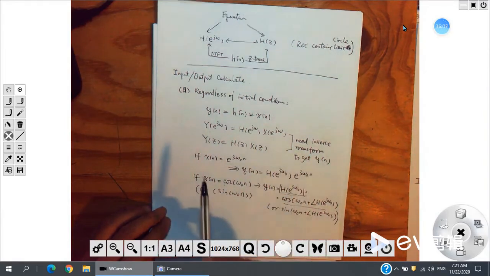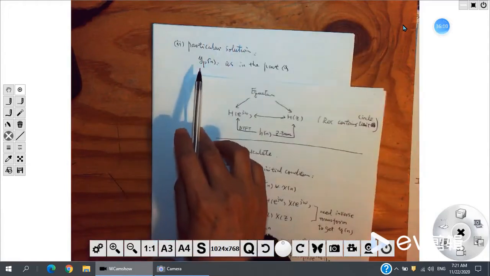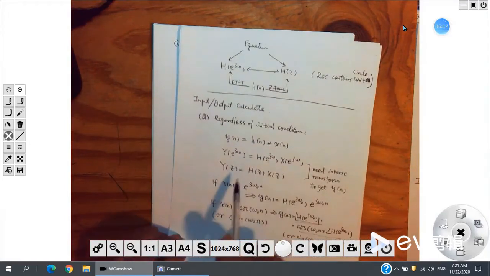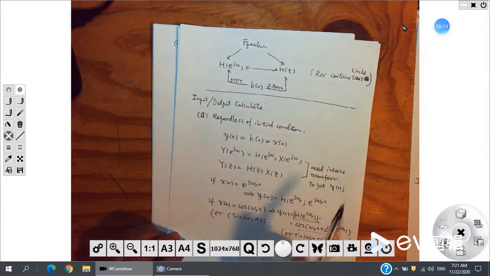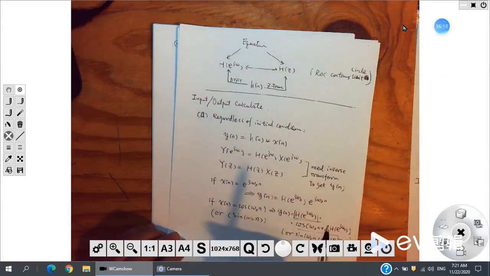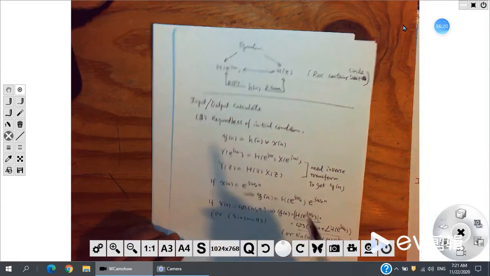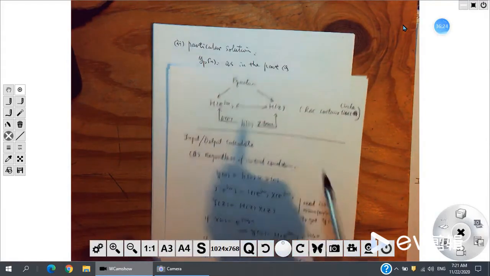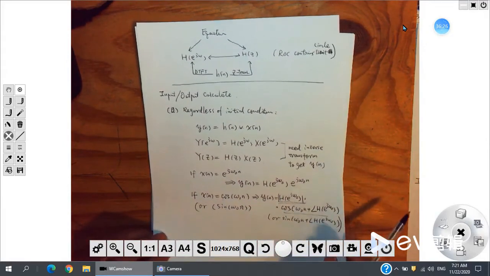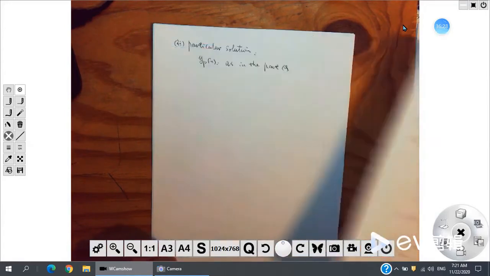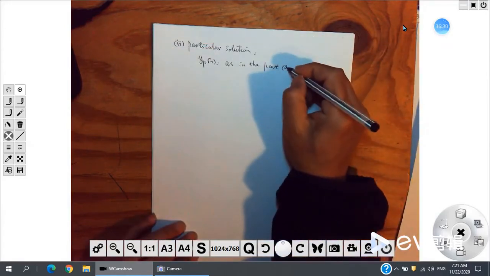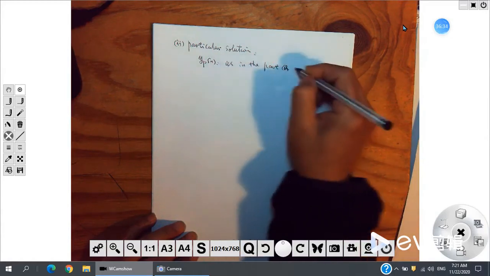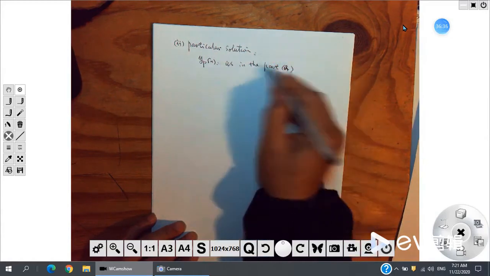Then in this part, for the particular solution, you can use any one of them. You pick any RC. Usually you have several different RC, right? You pick one. Then you can have your particular solution. But it doesn't matter which RC. The final answer will be the same. The particular solution will be different, but the final answer after you finish will be the same. Okay. Use yp as in part A.